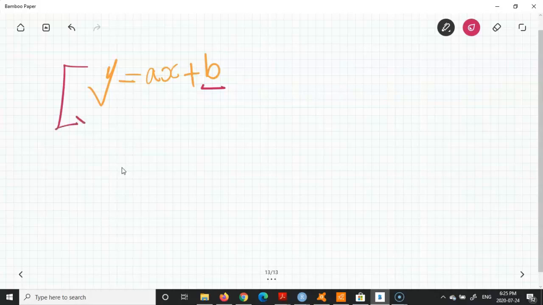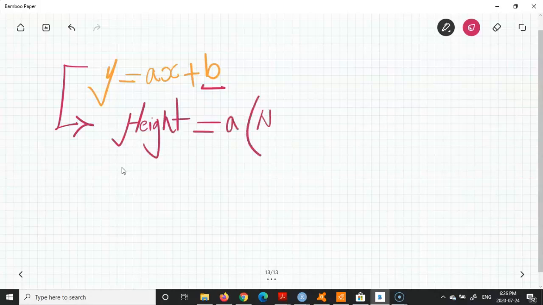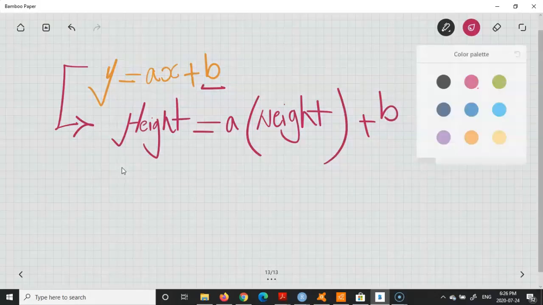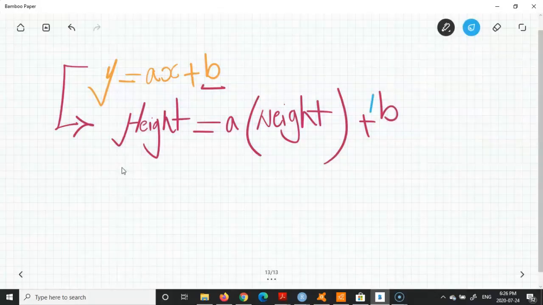Imagine that our model y represents the height, which equals a times weight plus b. The understanding we have about b is what happens when the weight is 0. What is the height?